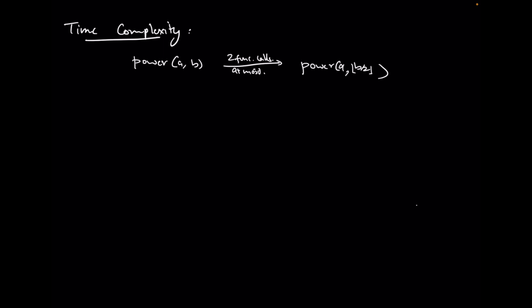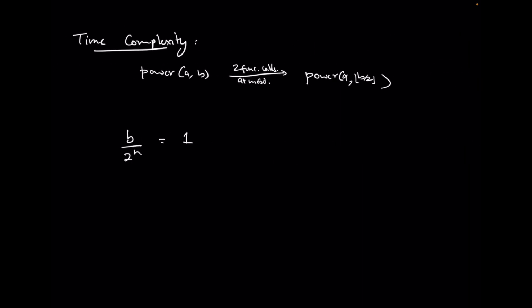So in solving that sub problem of power of a comma b minus 1, we'll need to solve the subproblem of power of a comma b minus 1 upon 2, right? So in two function calls, at most, we can reduce the size of our problem by half, right? And this is the key idea behind calculating the time complexity of this function, right?